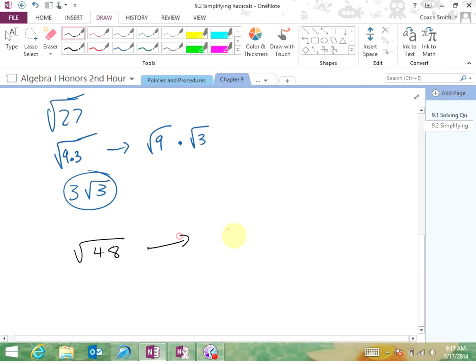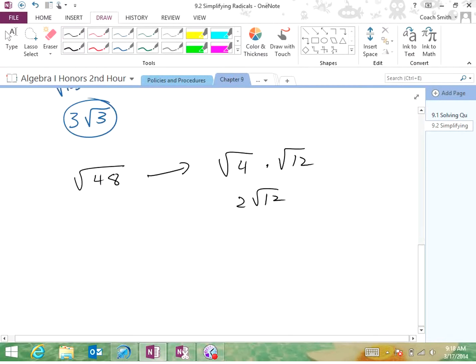In other words, if I did 4, square root of 4 times the square root of 12. Square root of 4 is 2, so 2 times square root of 12. That's not right. Okay, because the square root of 12 can also be reduced down.